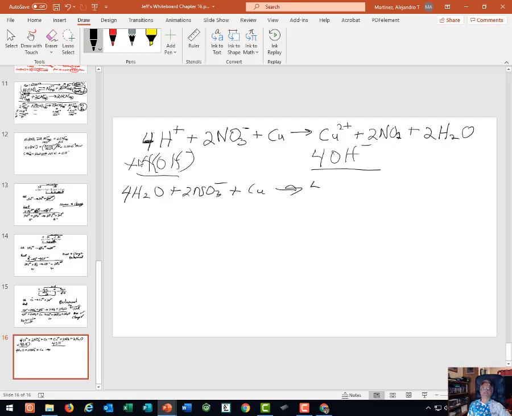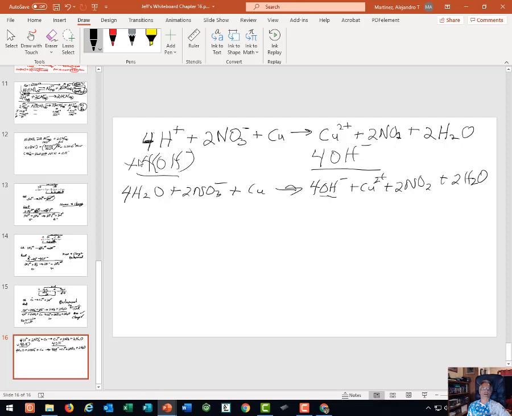And now we have 4 hydroxides, and we have our copper 2+ ion. We've got our 2 nitrogen dioxides, and then we also have 2 water molecules. So now our solution has an excess of hydroxide ion. It is in basic solution, but we need to cancel anything that can be canceled.